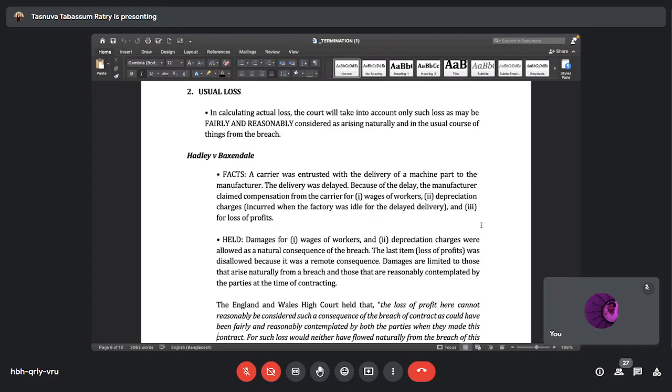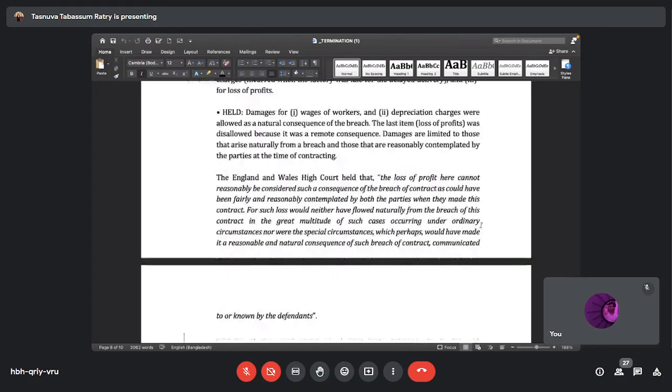So, from this judgment, the court gave the legal principle that damages are limited to those that arise naturally from a breach, and those that are not reasonably contemplated by the parties at the time of the contract will not be considered a natural consequence of the breach. It will be considered a remote consequence.